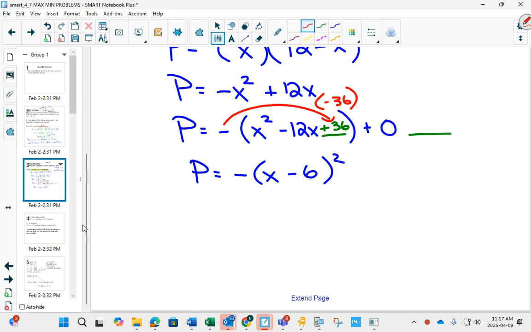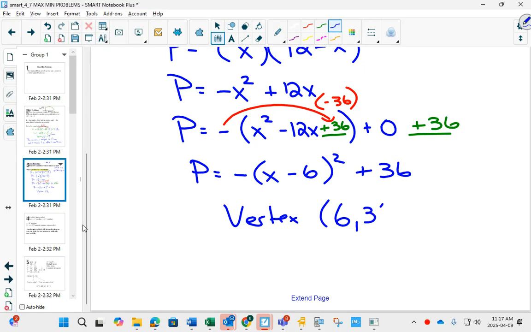By doing that, we've actually subtracted 36. So to compensate, we would add 36. And 0 plus 36 is 36. So we now have our vertex is (6, 36). This is your max. This is the x that did it.